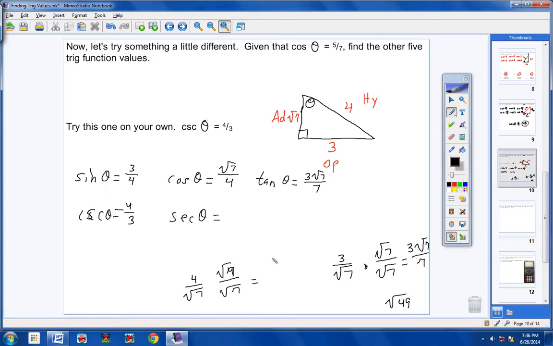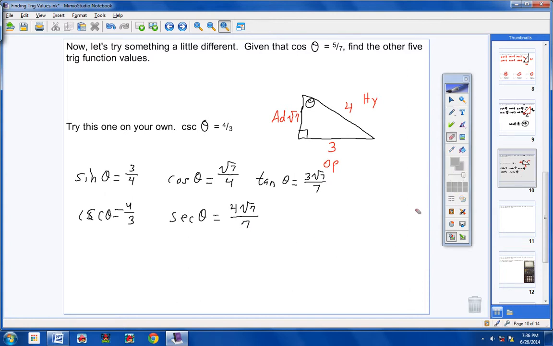And we get 4 square root of 7. 4 times the square root of 7 is 4 square root of 7 over, well, the square root of 7 times the square root of 7 is just 7. The square root of 49, which is just 7. So I end up with 4 square root of 7 all over 7. Okay? And then lastly, let's take a look at cotangent.